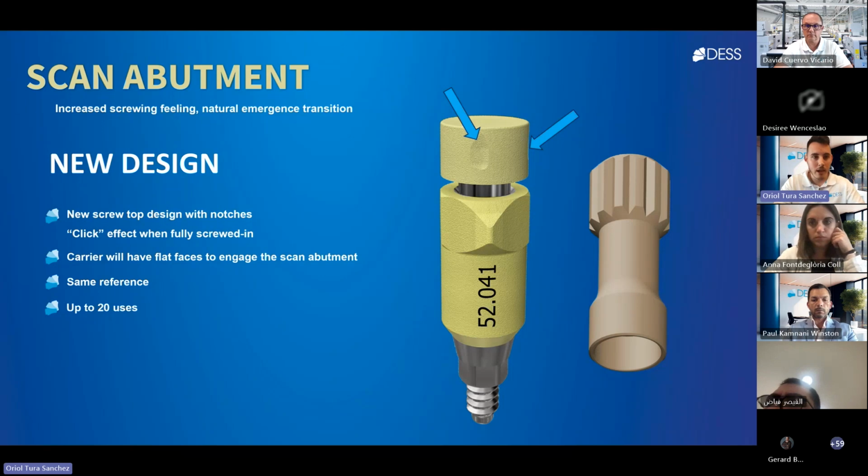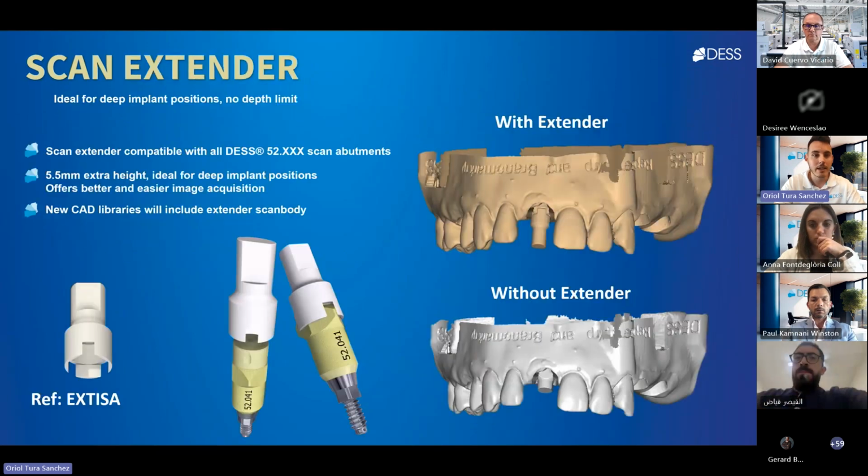And talking about scan bodies, we have a new product, the scan extender. That's a completely new product. In some cases, as in the right bottom corner, we have bone level cases where our scan body is too deep inside and we are not able to get a perfect scan because we don't have access to the geometry of the scan body.